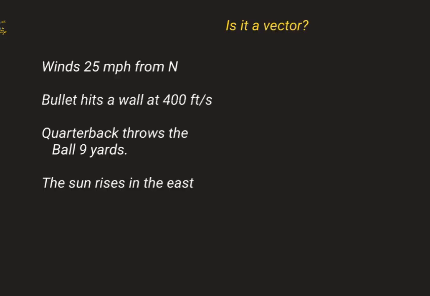And now it's time to play Is It a Vector? Remember, a vector must have magnitude and direction. All right, so for the first one, winds at 25 miles per hour from the north. Sounds like a small craft warning is needed. There's a magnitude. There's a direction.